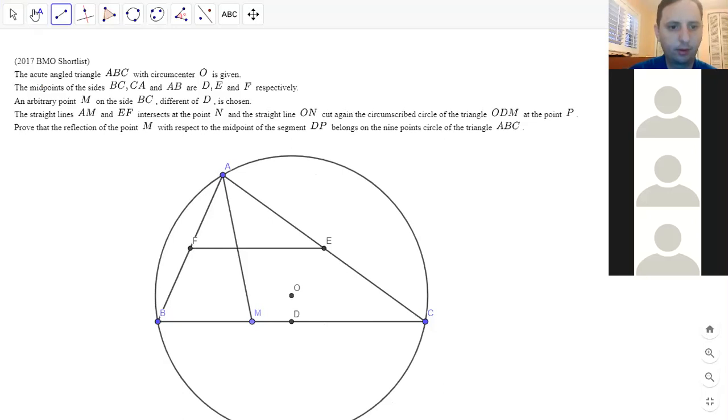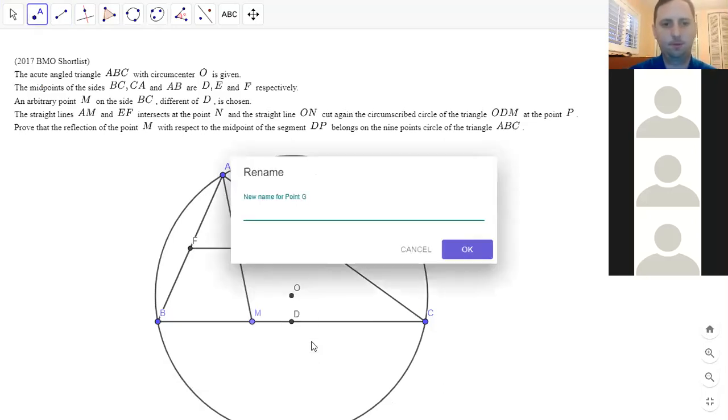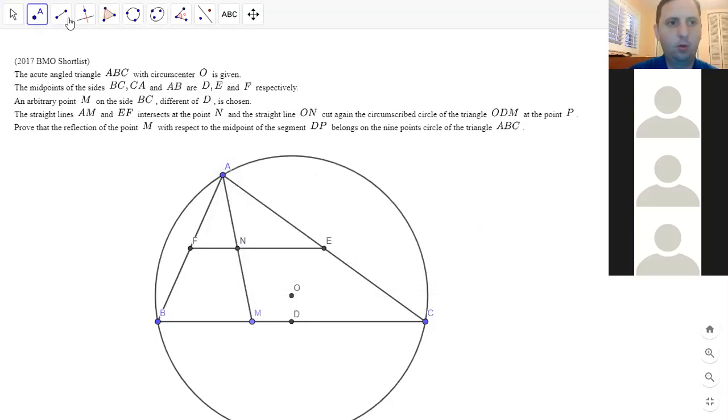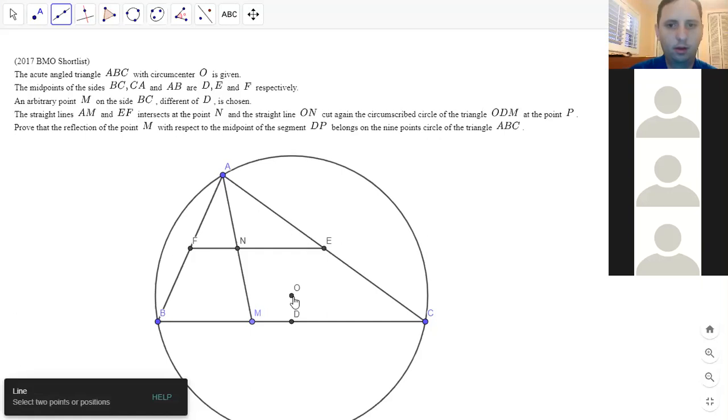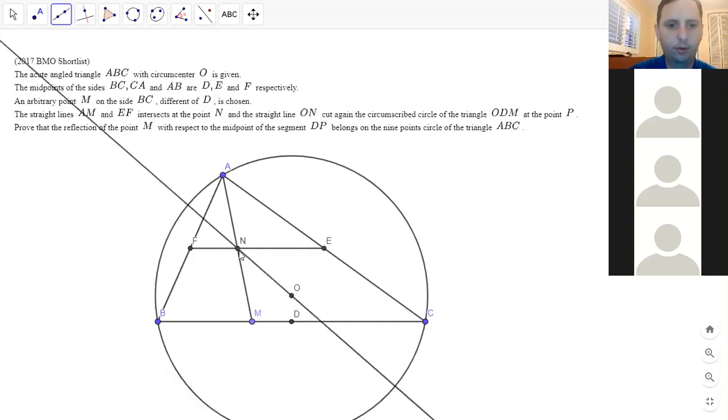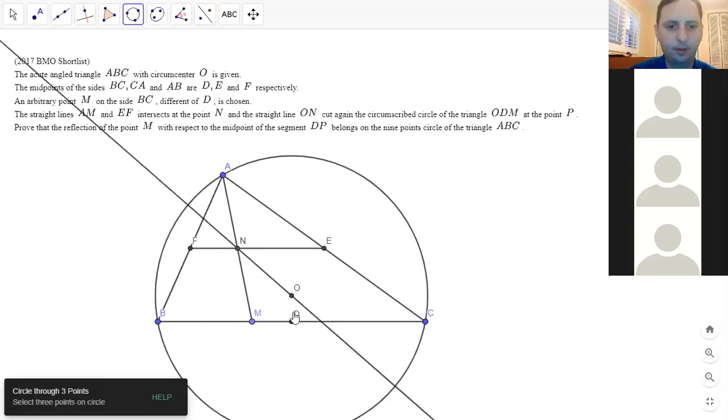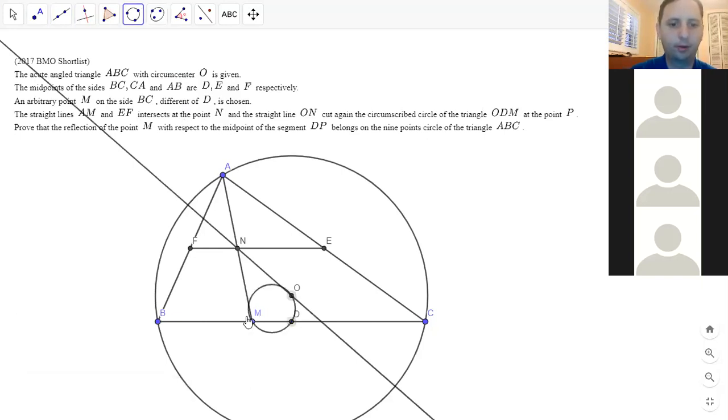It's kind of interesting. ON cuts the circumcircle of ODM at P. So obviously OD is perpendicular to BC.